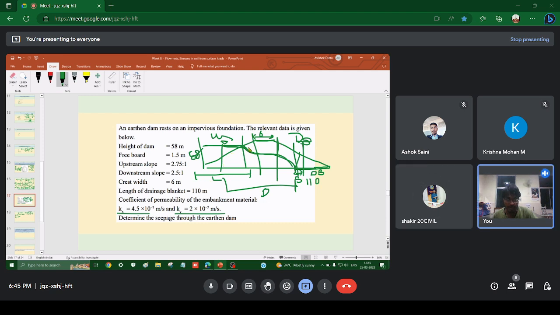While calculating this horizontal component, you need the upstream slope and downstream slope.